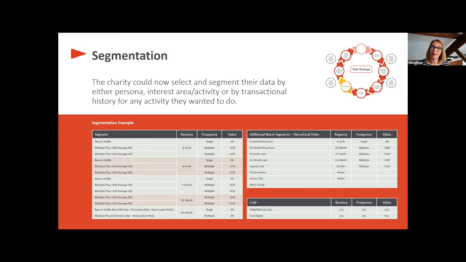You can look at recency and value, whether people played lots or not so much, or whether they'd given to a cash appeal and how often they did it over time. You can start to select and target people based on their transactional or their interest area or their persona. And in this way, you can start to think about who you're talking to and when.